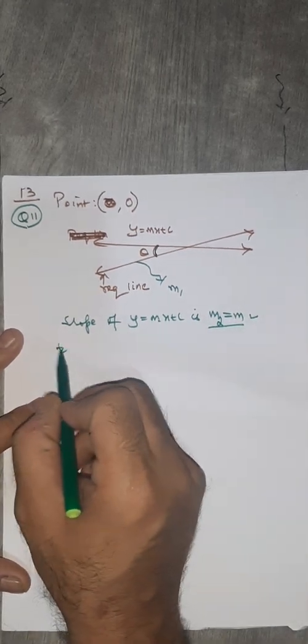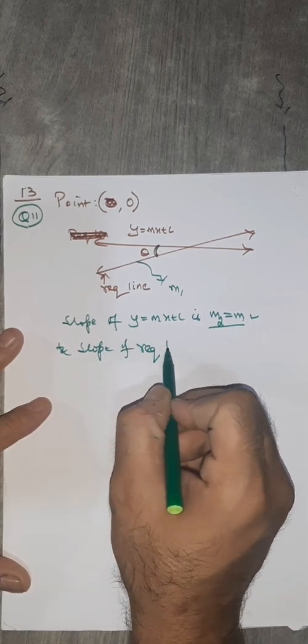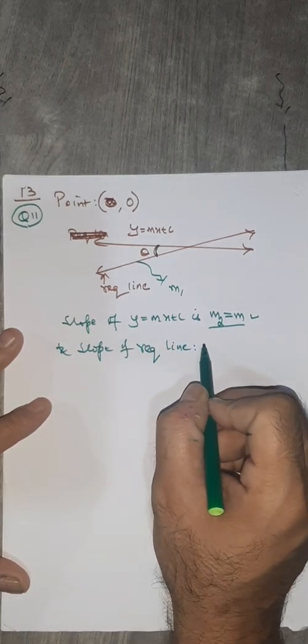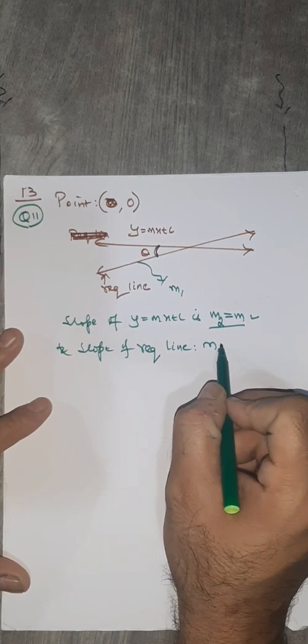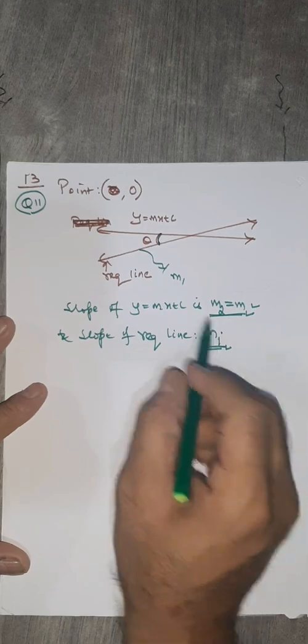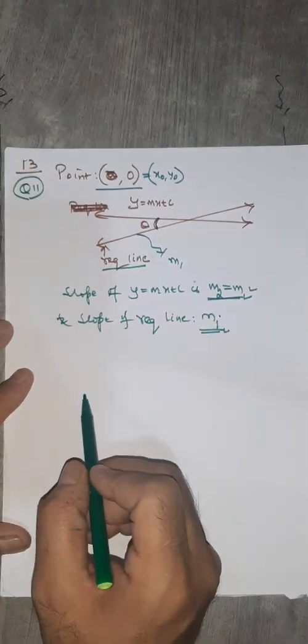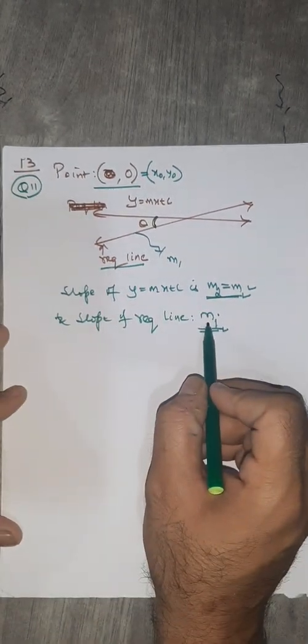So we get m1. We have the point x0, y0, so we'll get the equation. I repeat, we get the value of m1.